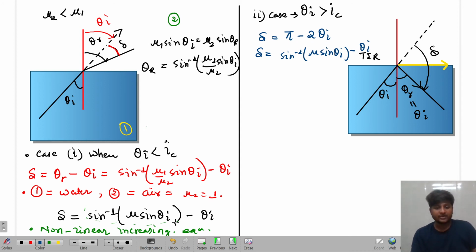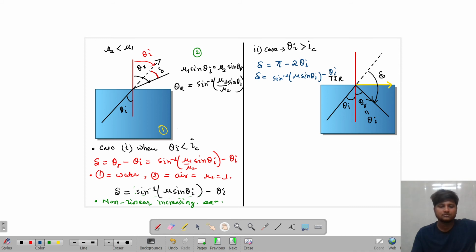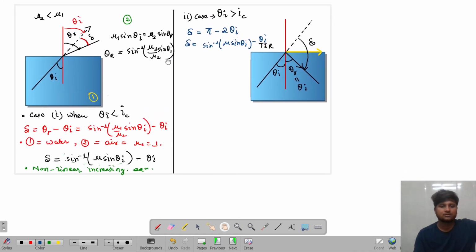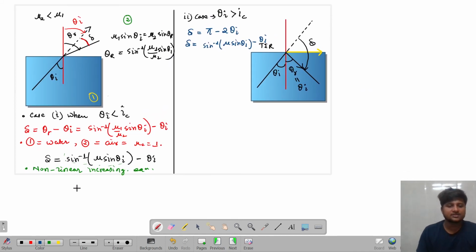But here also we can try to prove it. Look over here. Try to understand this. Now look over here. It is a non-linear equation. For the critical angle, what happens?